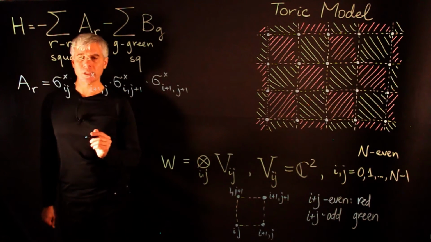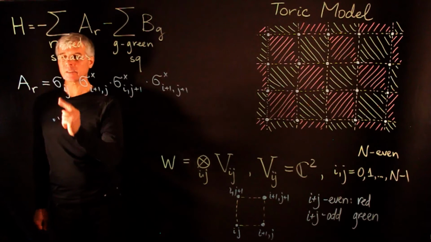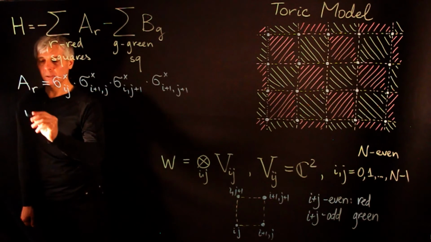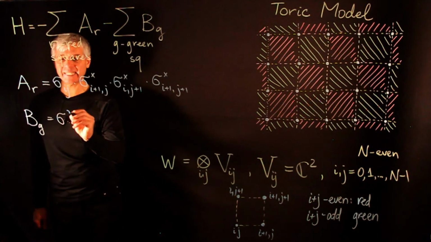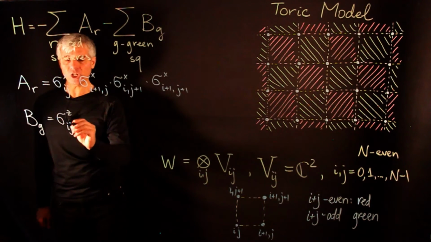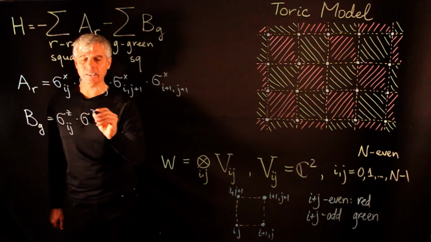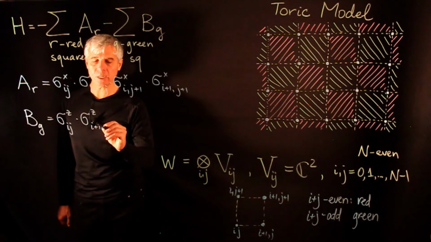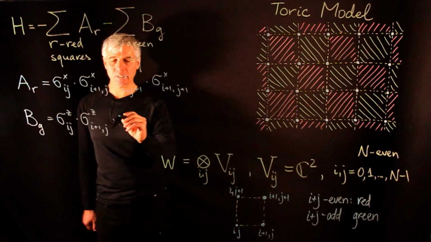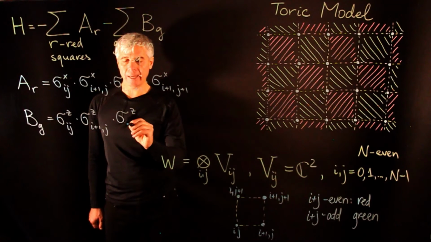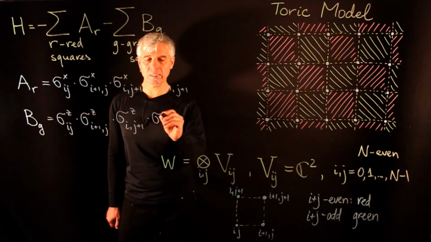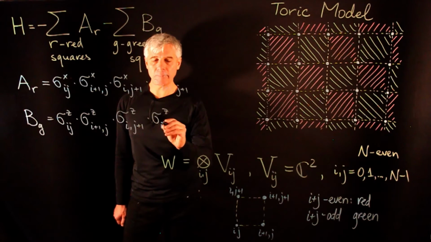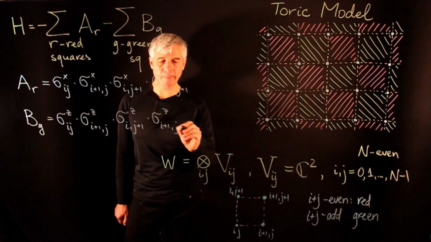For green squares, instead of taking sigma x, we're going to take sigma z. So B_G is the product of sigma z at location ij times sigma z at location i+1 j times sigma z at i j+1 and sigma z at i+1 j+1.